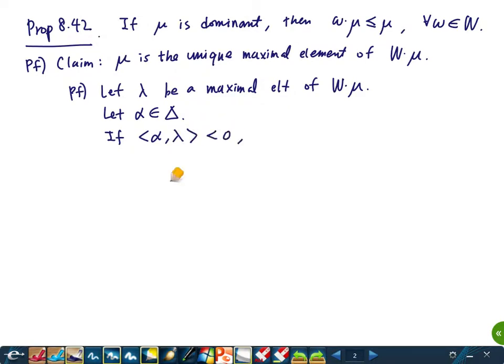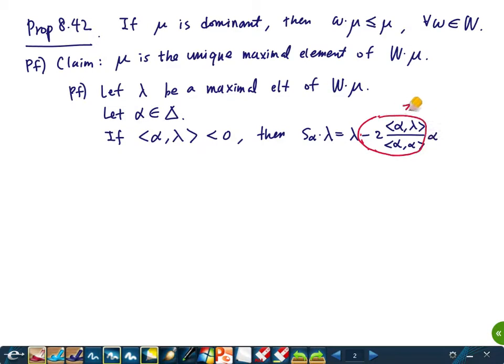So if lambda inner product with alpha is smaller than 0, then what is S alpha applied to lambda? This is lambda minus 2 times the inner product of lambda and alpha times alpha, by definition. If this inner product is negative, that means this constant here is strictly positive.